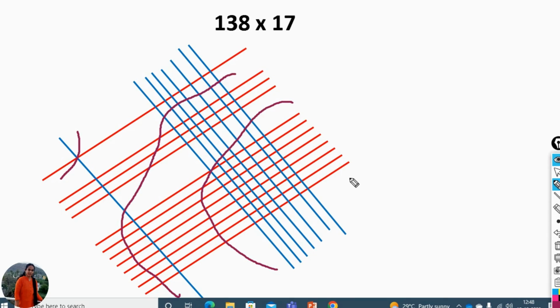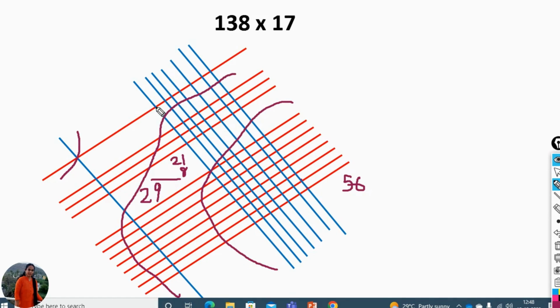So 7 into 8 is 56. That is, there are 56 intersecting points. In the next zone, there are 7 lines and 3 red lines. So 7 threes are 21. Here 1, 2, 3, 4, 5, 6, 7, 8. So 21 plus 8 is 29 intersecting points in zone 2.